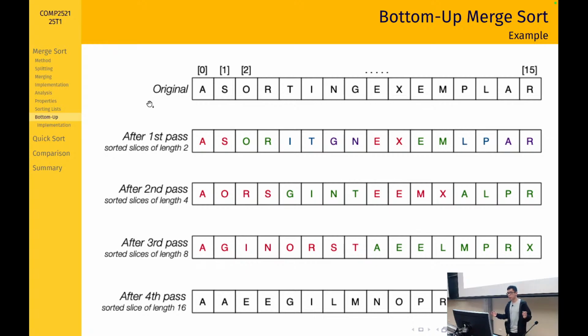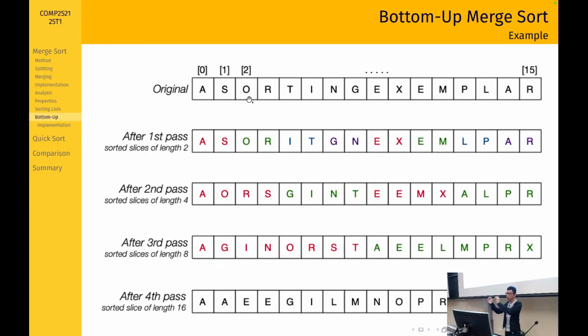At the start, what bottom-up merge sort does is it treats our array as containing n sorted subarrays of size 1, right? So it says that, okay, each of these elements in our original array is a sorted array of size 1, okay? And then what it does is it gradually merges, so it takes these two arrays of size 1 and it merges them into an array of size 2, and it does this all the way down the array.